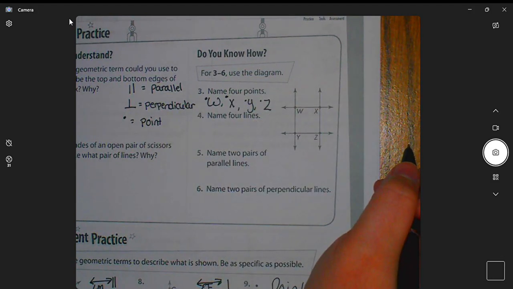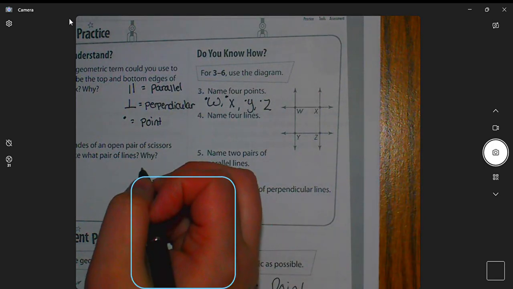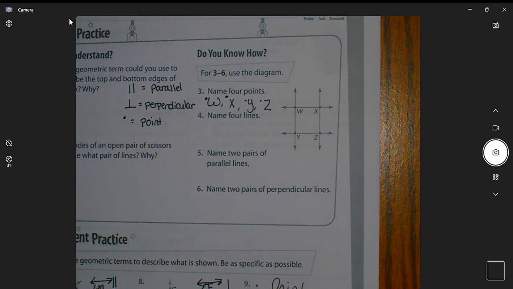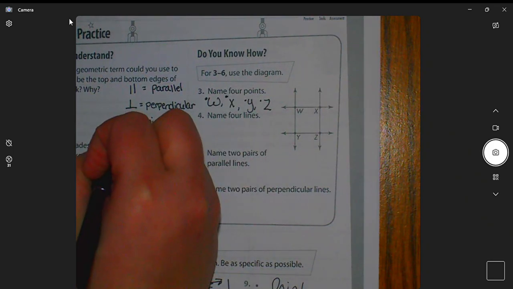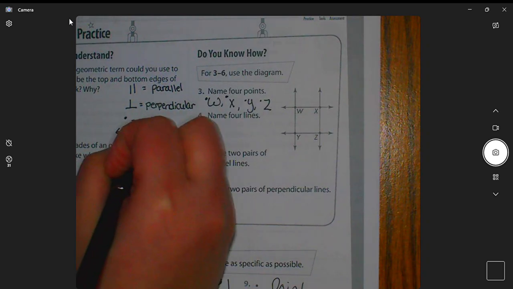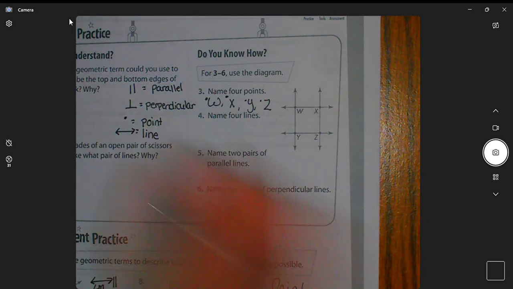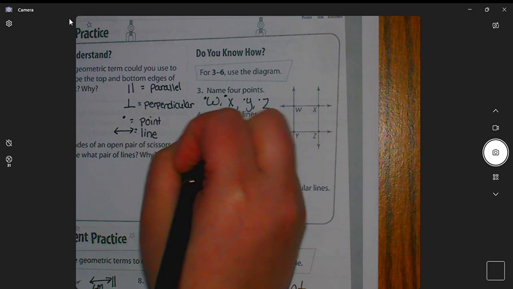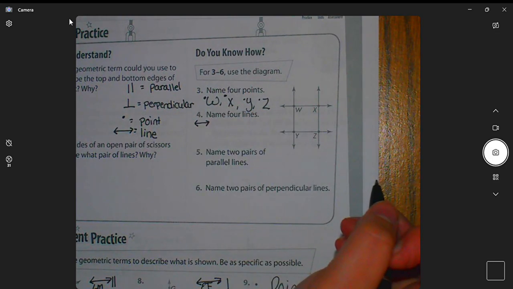Now we're going to name 4 lines. Do you remember how to say line with a symbol? Yeah, it's just a little line. So line, what line do you want to see first?